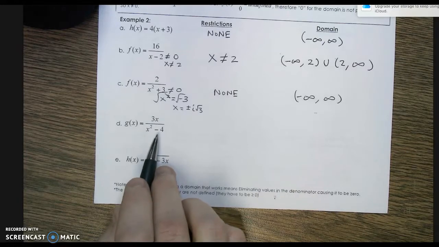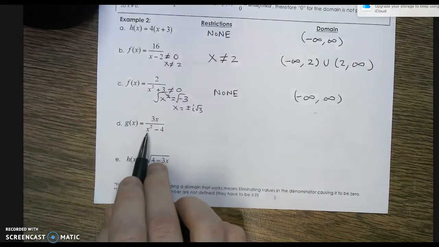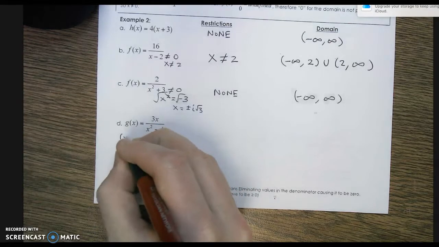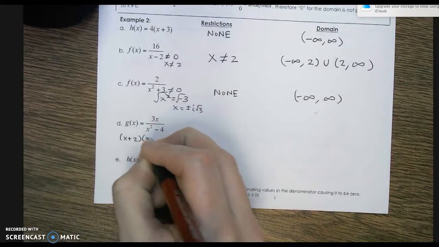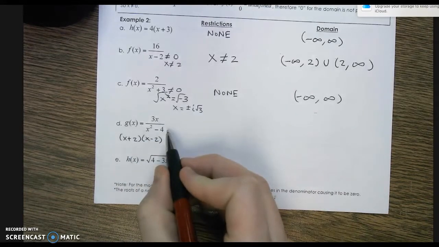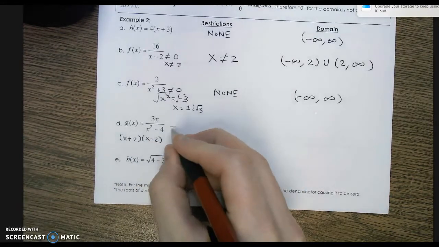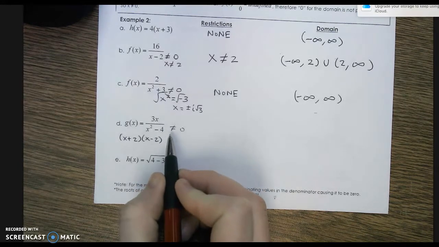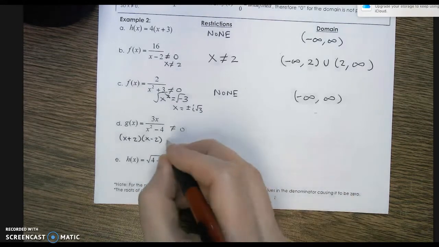All right, let's look at D. We can either factor this. This is a difference of two squares, so we could write it like this. Or you can set it equal to 0, like we did in part C, and add 4 and take the square root, but you have to remember to do your plus or minus when you do that.